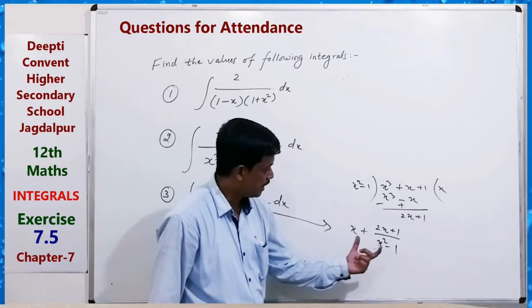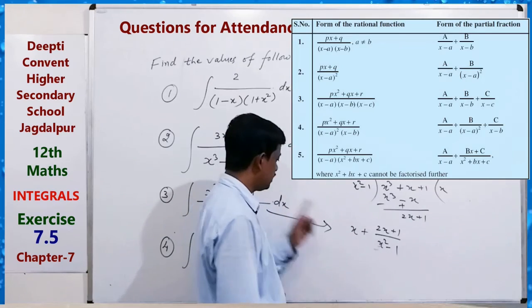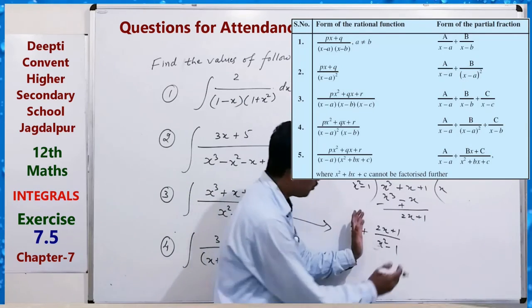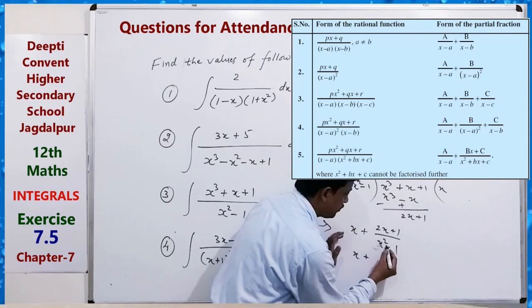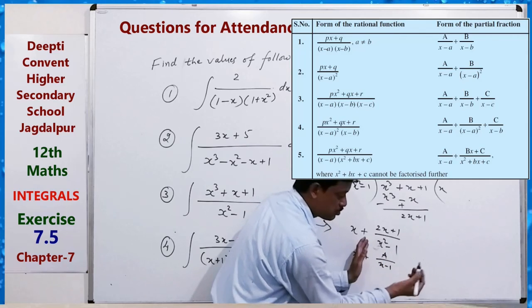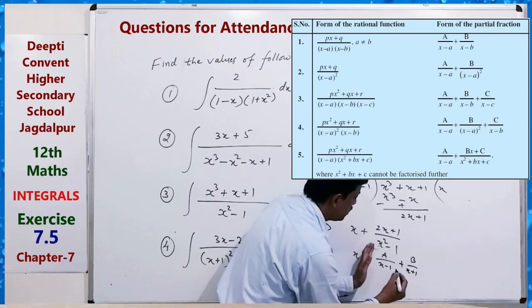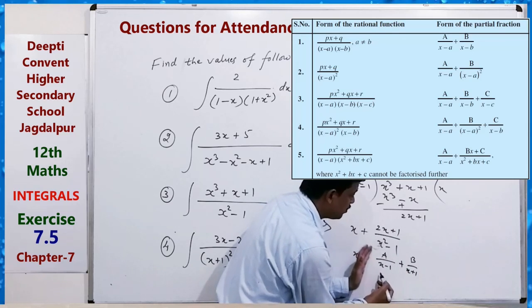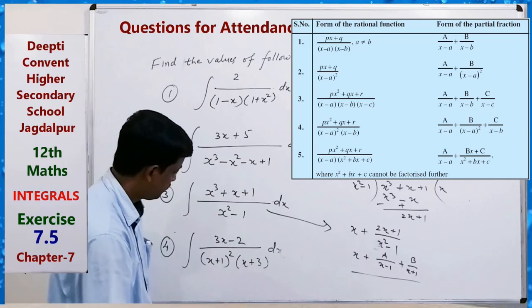Now you have to partially factorize this part. Writing A upon x minus 1 plus B upon x plus 1, and solving it, finally you can factorize, so use this here and integrate.